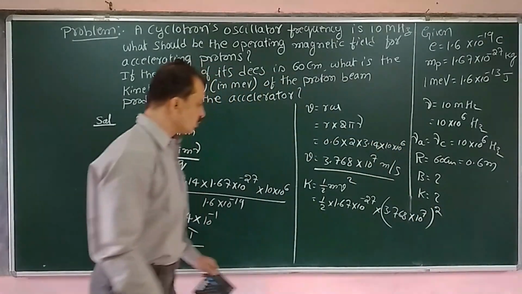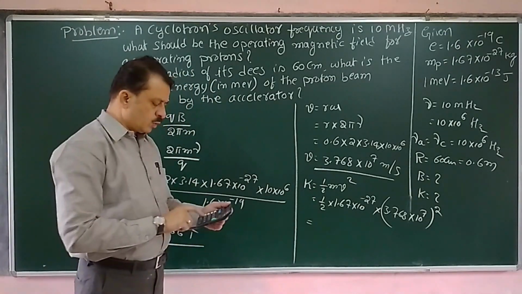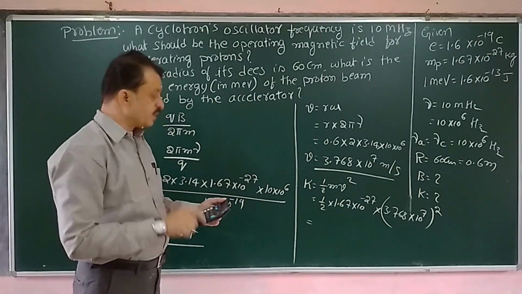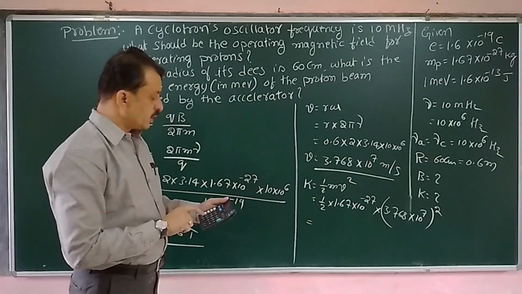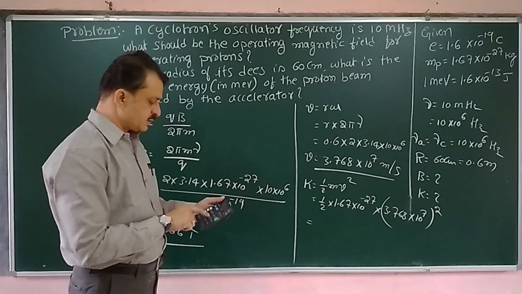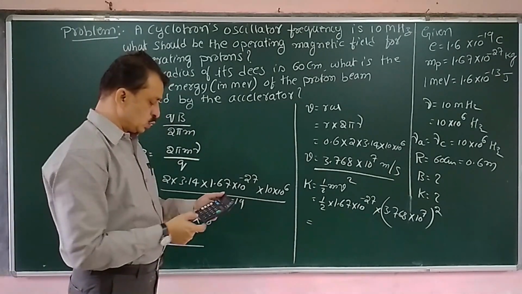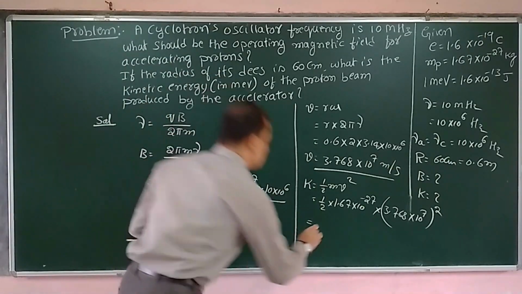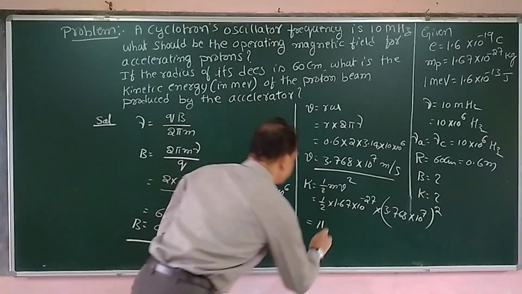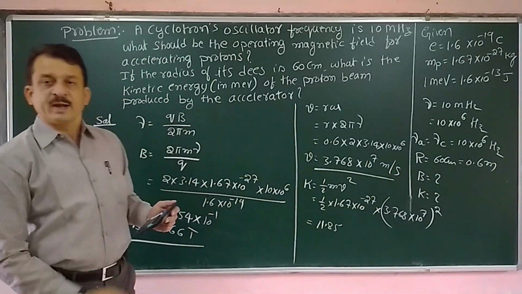Now simplify this using the calculator: 1.67 into 3.768 into 3.768 divided by 2 is equal to, I will get 11.85.